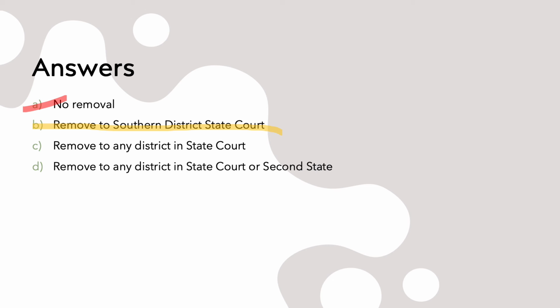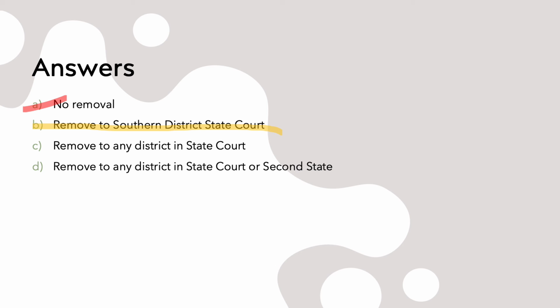C pretty much says we can remove it to any district in state court, and that's not true, because if that were the case, we could remove it to the Western District, the Eastern District, the Northern District of state court, and those districts would not have jurisdiction. Venue wouldn't be proper there.